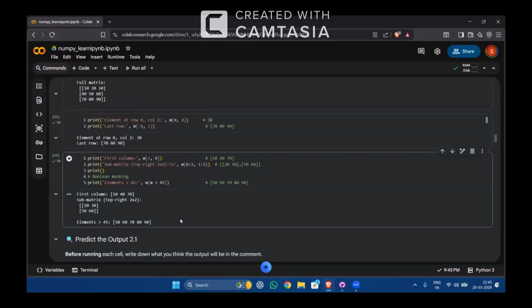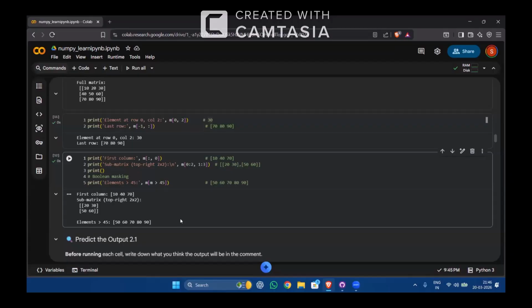And the next is m of colon comma 0. What is that? You have to take all the rows, but only the first elements. So all the rows, and the first element needs to be taken, that is index 0. So the numbers are 10, 40, 70.